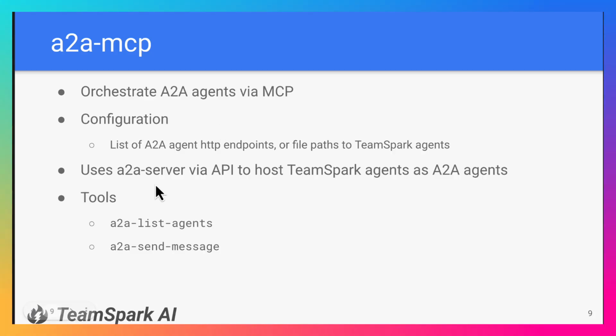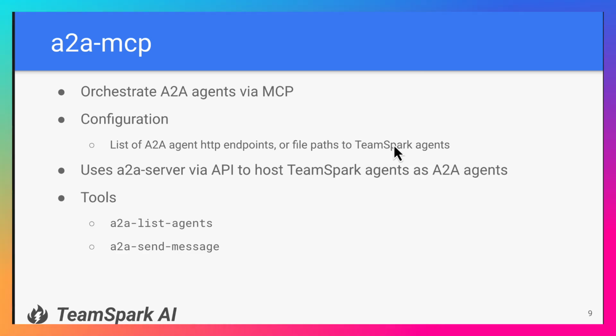The other thing that we did was that it was a little bit cumbersome to have to run A2A server, to set up the server endpoints and then plug those endpoints into the MCP server. So we built a little bit of custom support. So when you configure your MCP server, you can either give it the A2A agent endpoints, nothing TeamSpark specific, just point it to any A2A server, or you can give it a file path, either a file URL or just a file path to a TeamSpark agent.